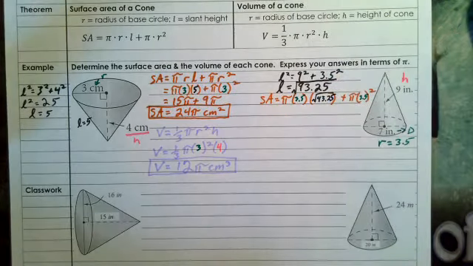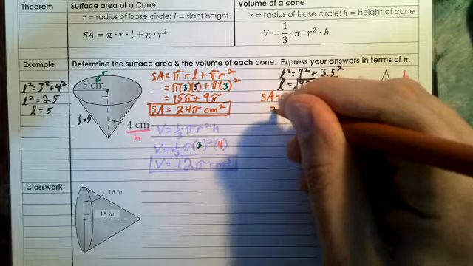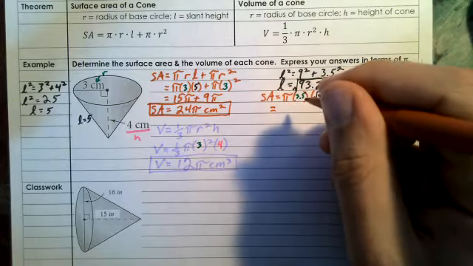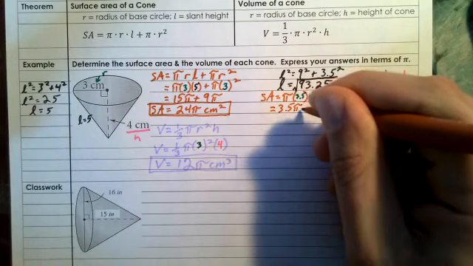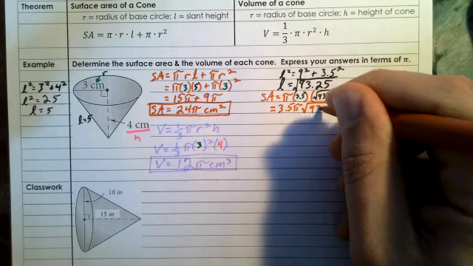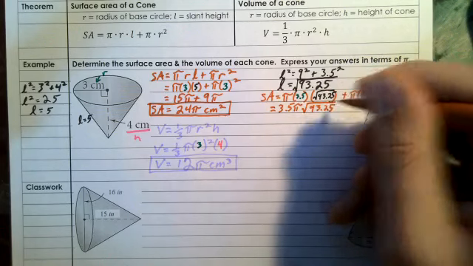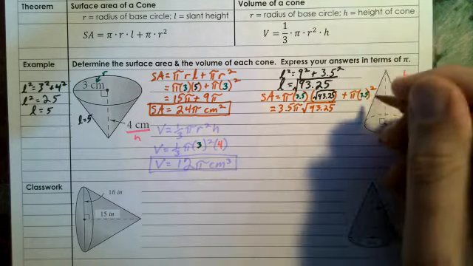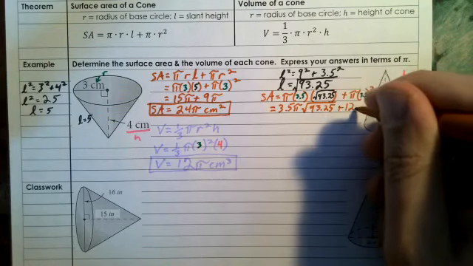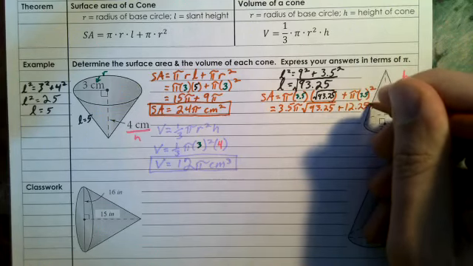Now, this is just not going to look very nice at all, but what are you going to do? So we're going to do 3.5 pi square root of 93.25. At this point, I would almost just write it as a decimal. 3.5 squared is 12.25 plus 12.25 pi.